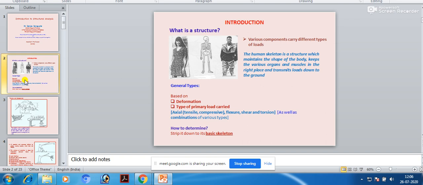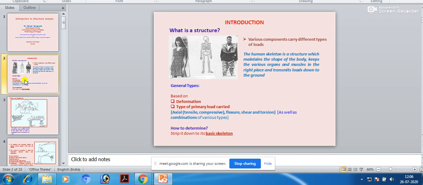And you should also remember that when the structure deforms, the deformation should stay within a limit, so that the structure does not fail. Failing means it deforms to such a limit that it cracks, that it bends to such a level that it breaks, and you need to repair it.